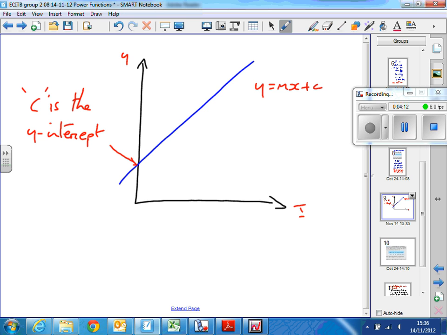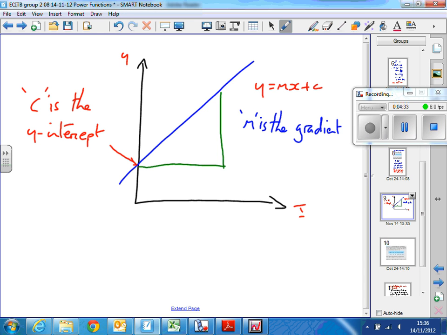M is the gradient. So I draw a triangle on this line, and the convenient point is often where it cuts the y-axis.